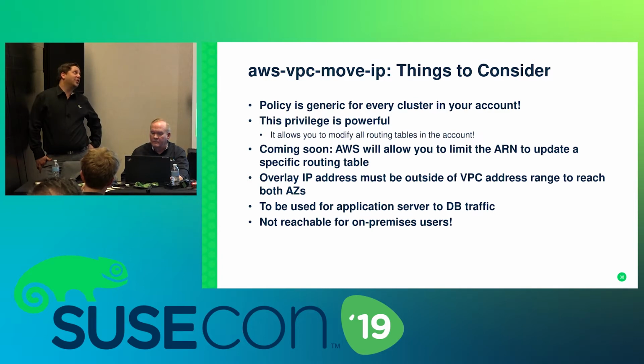It's just you do it through this AWS agent, and please correct me if I'm wrong, David. So the same way we would do it on bare metal, you would do it using the AWS VPC Move IP. Well, to fail back, you fail the resource. Right. It's a resource agent, so you fail it back to the other node, and you basically move the resource group back over to whatever node you want.